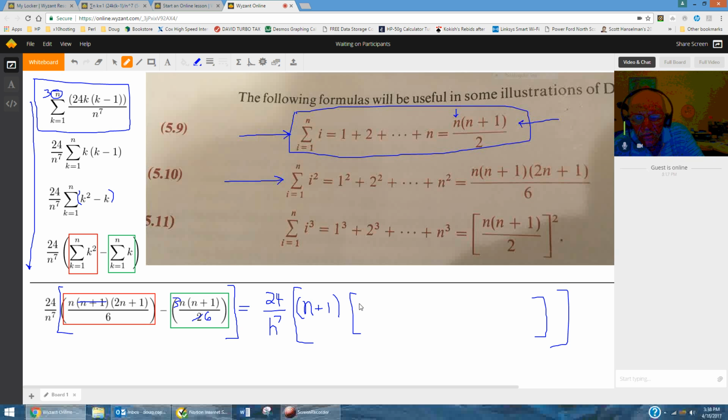I might as well distribute while I'm at it. I'll get 2n squared plus n minus, if I factor out this n plus 1, which I did, I'll get minus 3n. And while I'm at it, I'm going to factor out the 6 and put it out here.